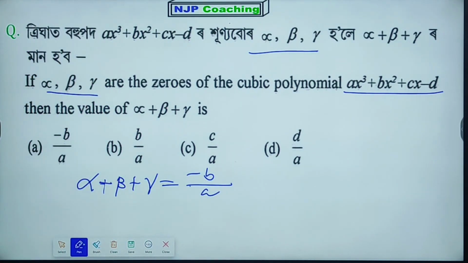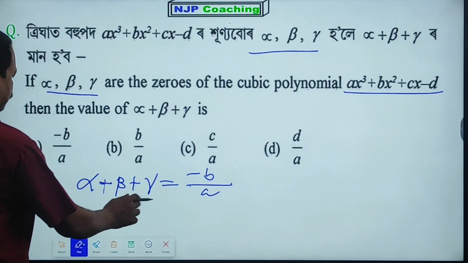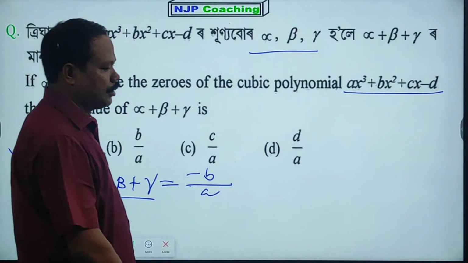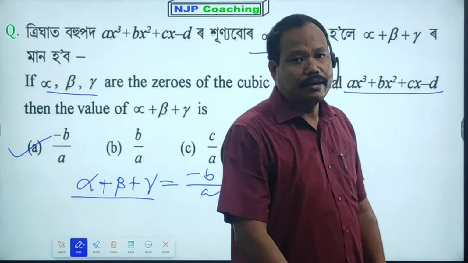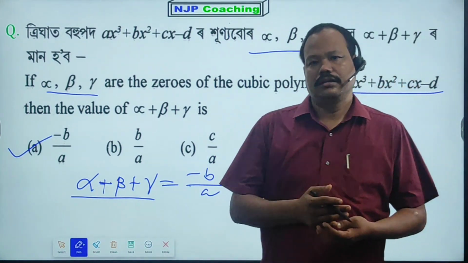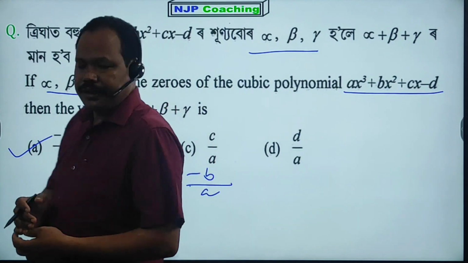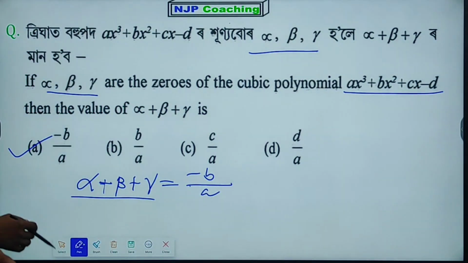Sum of the zeros minus b by a. So where is the answer? Option number A. Alpha plus beta plus gamma is minus b by a. This is the right answer.